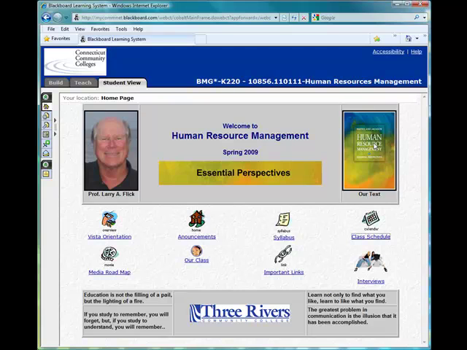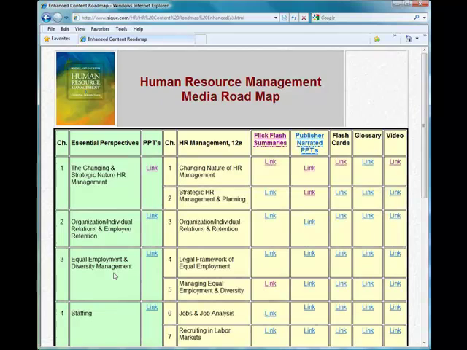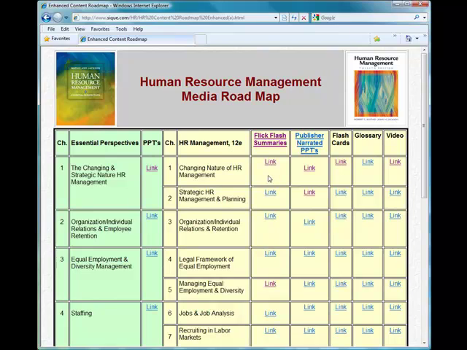Okay, let's go to the next link and take a look at the media roadmap. As I had mentioned before, one of the assignments each week is to review the flash summaries in the yellow area, which is the Human Resource Management 12th edition book. On the second week, you're asked to review chapters 1 and 2, which are part and parcel of chapter 1 in our book.